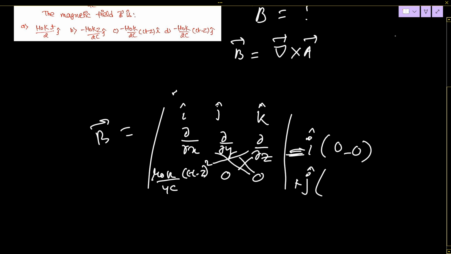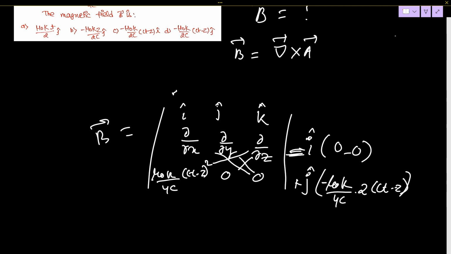So del by del z of that one, that is mu naught k by 4c into 2 ct minus z, and there will be a minus also, because minus z is there. Plus k cap, there will be just minus this. Is there any y here? There is no y, so k cap will also be 0 minus 0, because del by del y of this one is nothing, since there is no y term here.